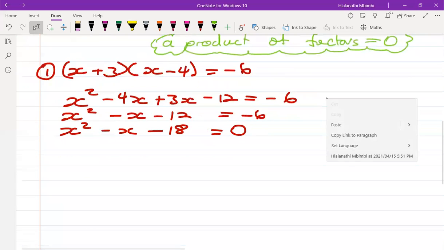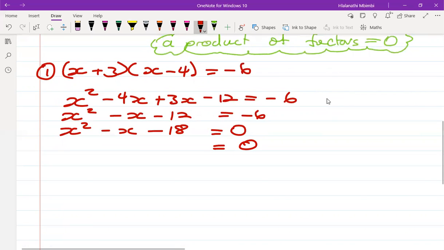Now, at this point, you need to factorize the left-hand side, and I'll factorize it with my so-called heavy way of doing it: looking at the factors of 18, looking at which of those factors would give me minus x. That would be 1 and 18. The second factor is 2 and 9. The third is 3 and 6. What's the other factor there?